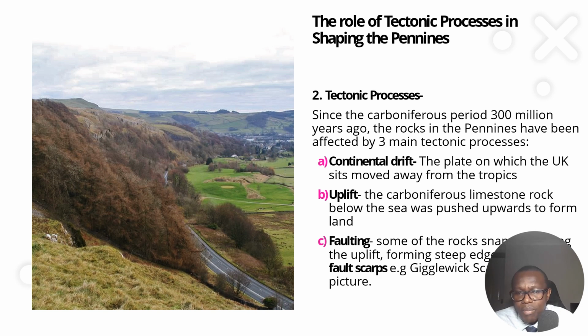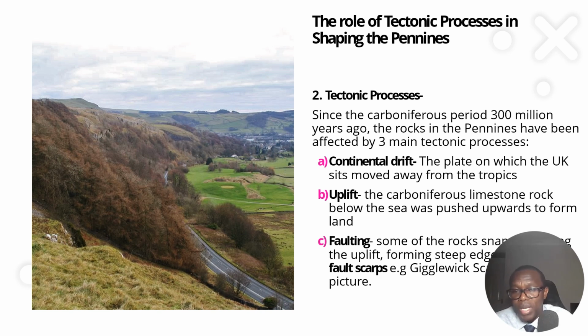And then the second tectonic process was uplift. So we know that as plates move, they can be pushed upwards, and this is what happened in this case. The Carboniferous limestone rock that was below the sea was pushed upwards to form land.